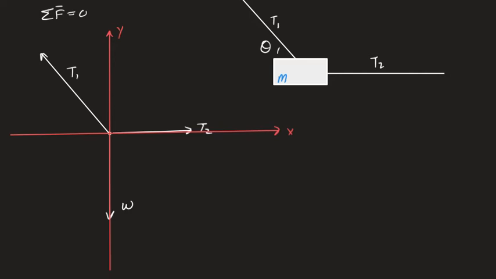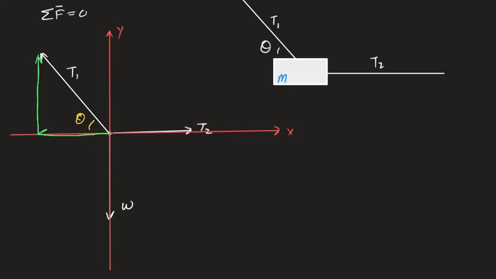That means x's and y's. So, put my theta in there. Wrap a triangle around the angle. And do your sine and cosine stuff.